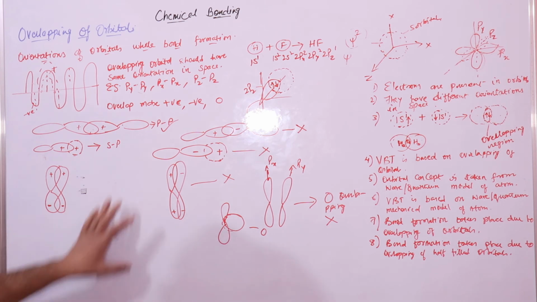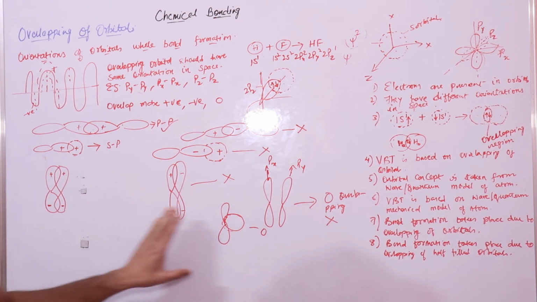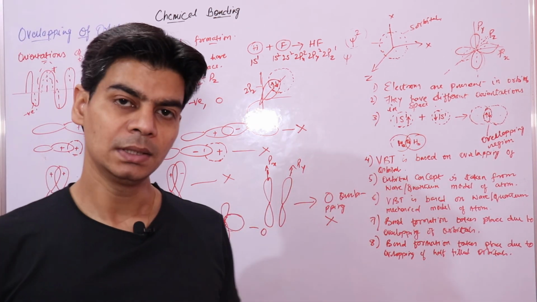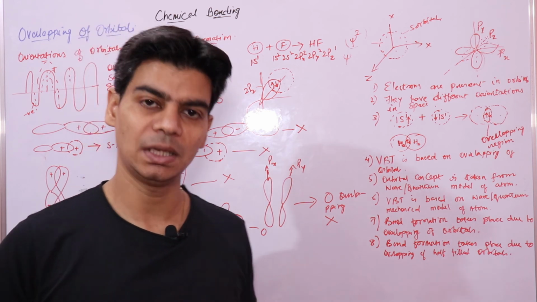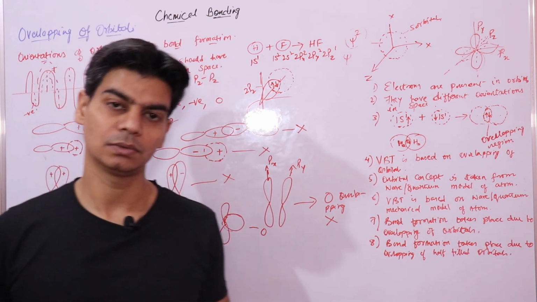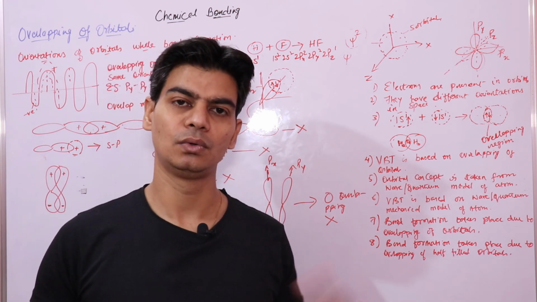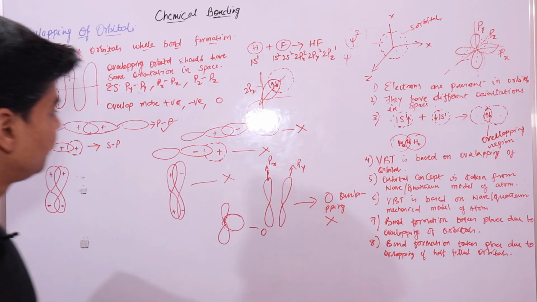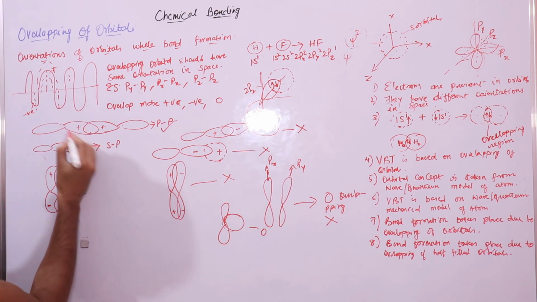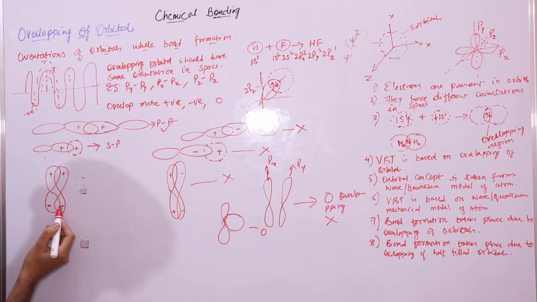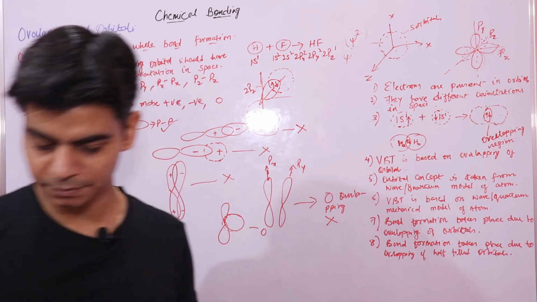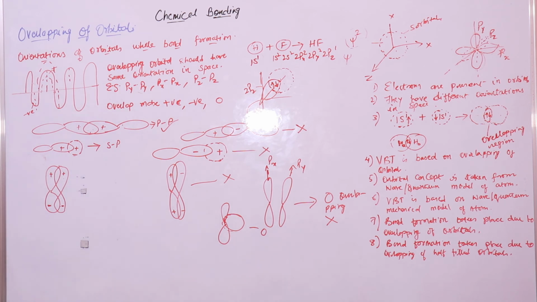So you should be clear that the overlapping orbitals should be similarly oriented, they should have the same orientation in space, and only when orbitals have the same orientation in space will they result in bond formation, right? And their negative lobe should overlap with negative lobe, and positive should overlap with positive lobe, so that bond formation takes place, right?